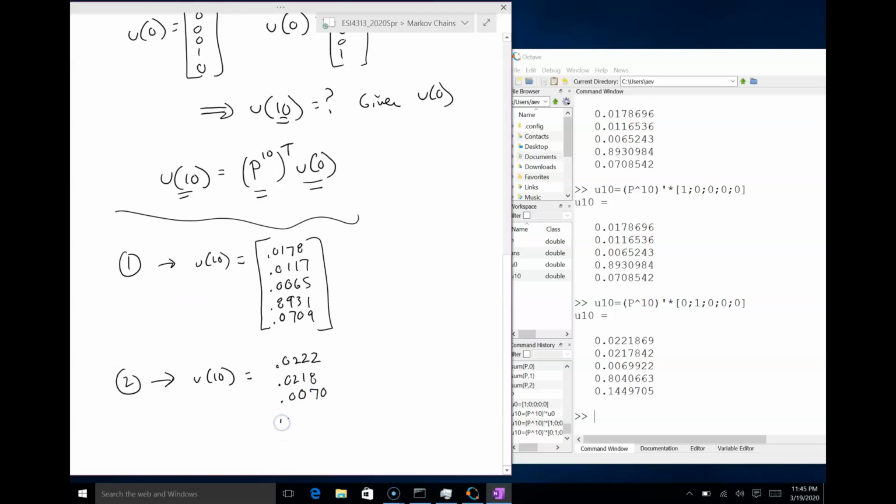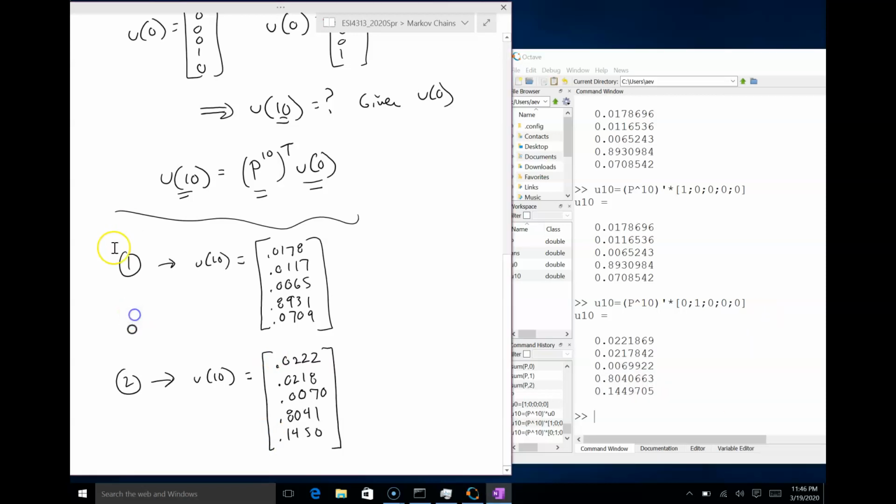And then 0.8041 and 0.14 ends up getting rounded. Something like that? Maybe I'm bad at rounding. Okay, so what we can see is we get a different answer, but not too far away.